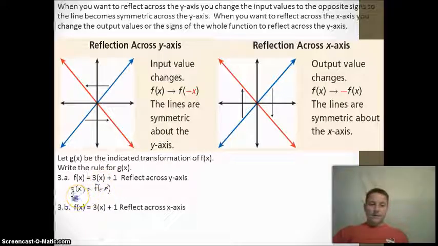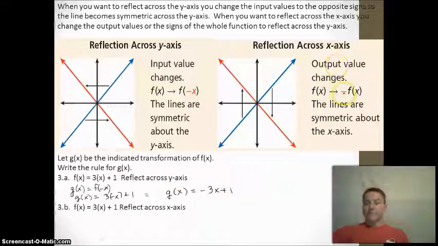So that's only this piece. So our new g of x would be negative 3x plus 1. So that's a reflection across the y-axis.